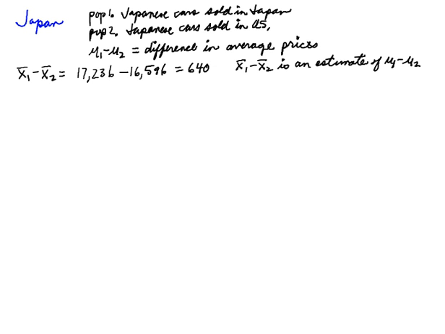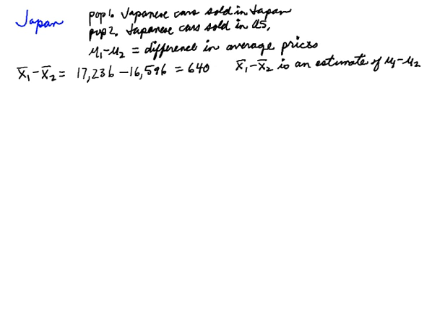It does appear from the sample that there might be some evidence that the average price of the cars in Japan is greater because when I take the population 1 sample average, subtract the population 2 sample average, I do get a positive 640. But I can't go ahead and draw the conclusion that they are indeed higher.